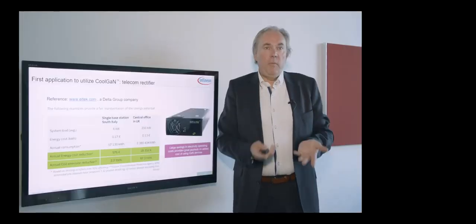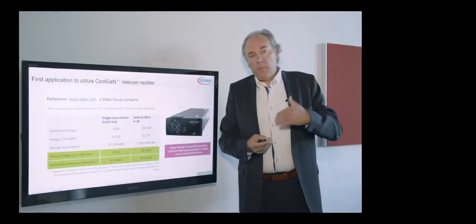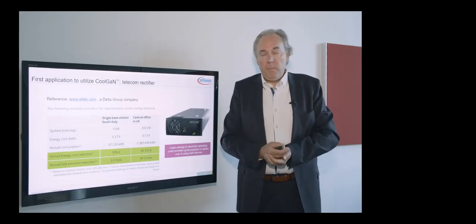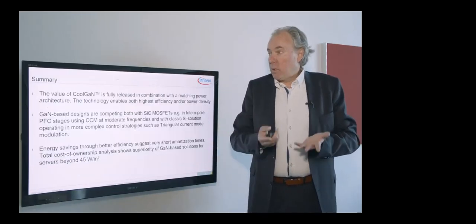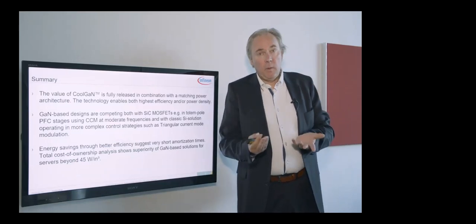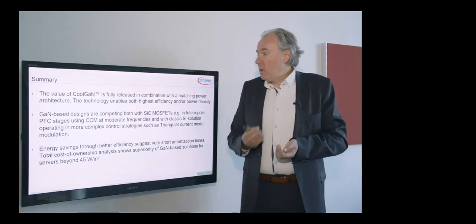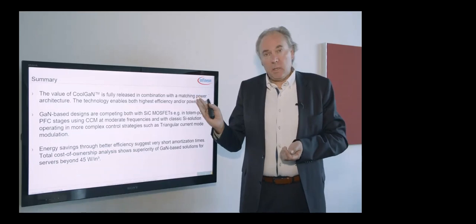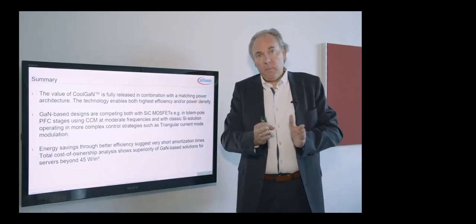So overall, a very nice use case with a very short amortization time. Summing up my talk, the value of gallium nitride is fully released in combination with the right power architecture, the right topology, and the right control scheme.